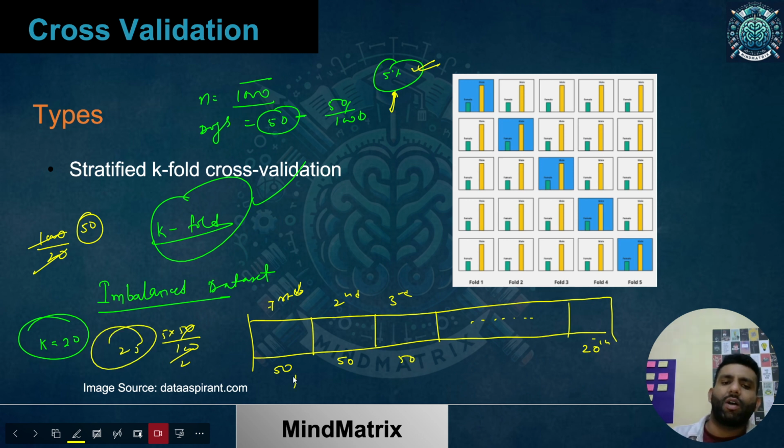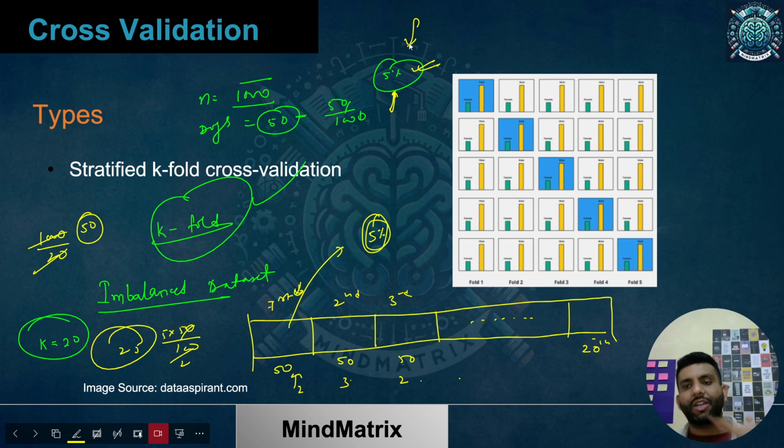So I will have 2 images of dogs over here, or 3 over here, because I cannot cut an image in half. So either I will use 2 or 3: 2 images of dogs over here, 3 over here, 2, 3, and so on. Within each partition I'm having nearly the same proportion of my minor class as I had in the actual data set when it was all combined.